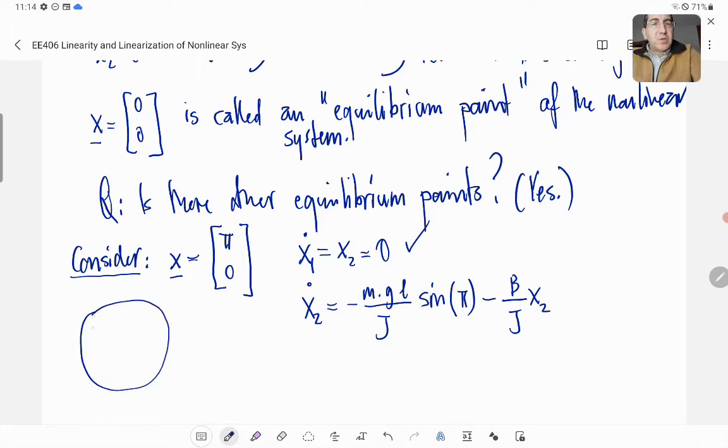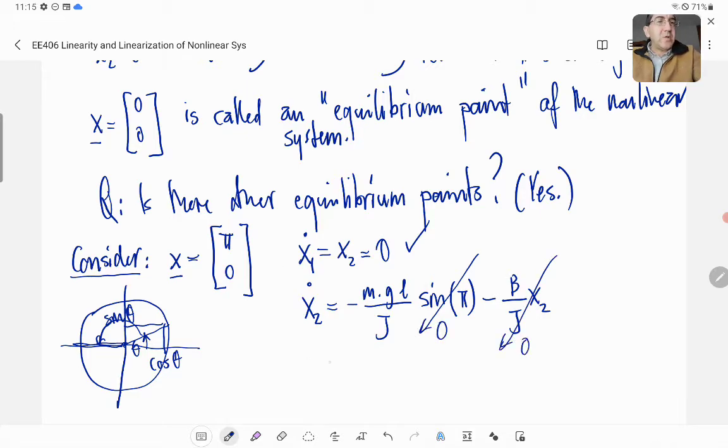Now, what is sine pi? Remember the unit circle, right? So if you have an angle here, if this is your theta, this is your cosine theta, and this is your sine theta. So if you're at pi, sine theta becomes 0. So this one goes to 0, and x2 is already 0, so this one goes to 0. So this entirely vanishes.